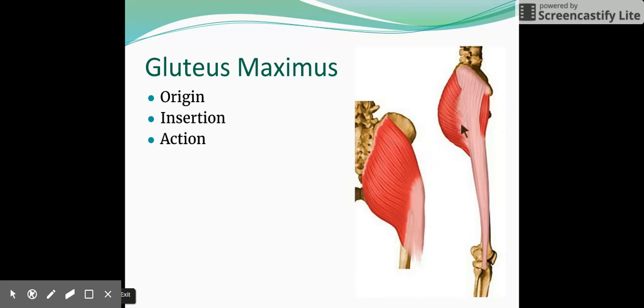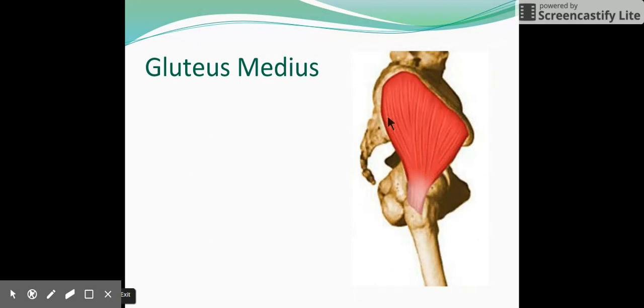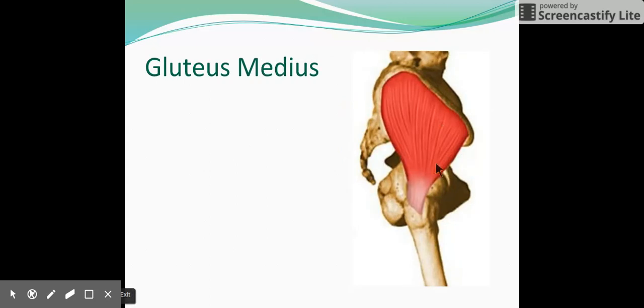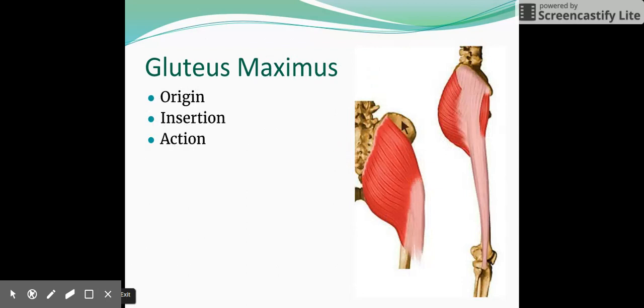If you look here, the gluteus maximus covers over gluteus medius, which has this really characteristic fan shape. That's how you tell it apart. And then, of course, you have gluteus minimus way down deep. These are layered muscles, so gluteus medius sits on top of gluteus minimus, and then you have gluteus maximus over the top of all of them.